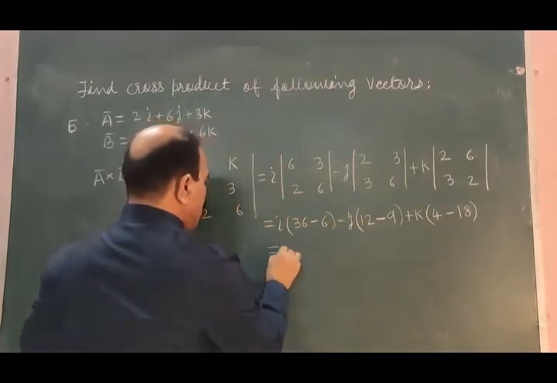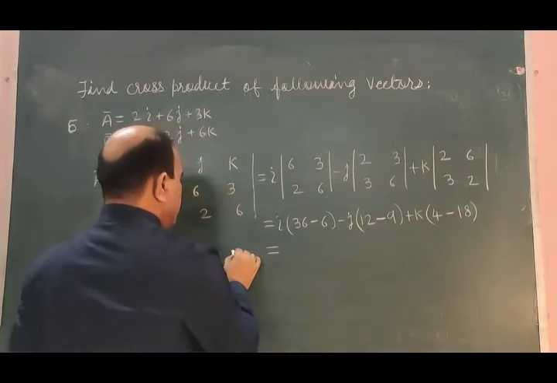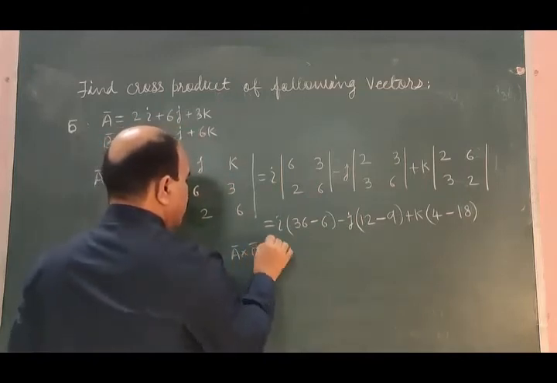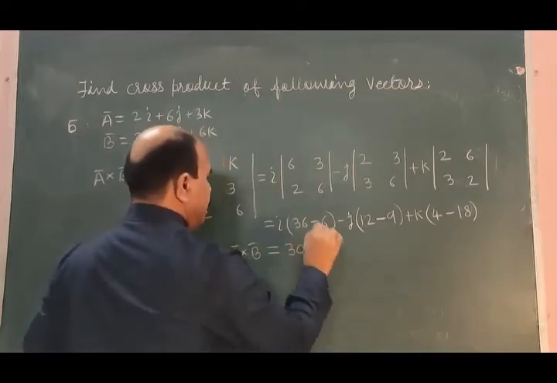This is equal to 36 minus 6, 30. So vector A cross vector B is equal to 30i.